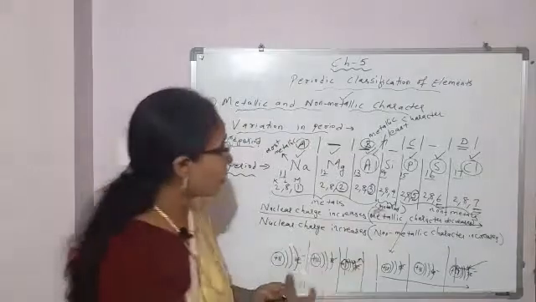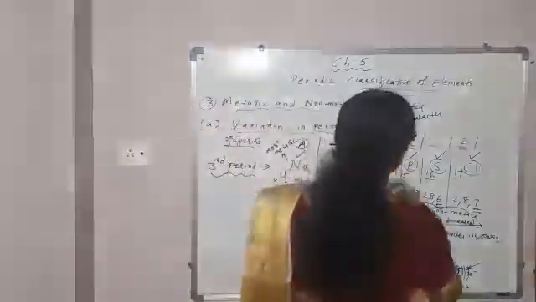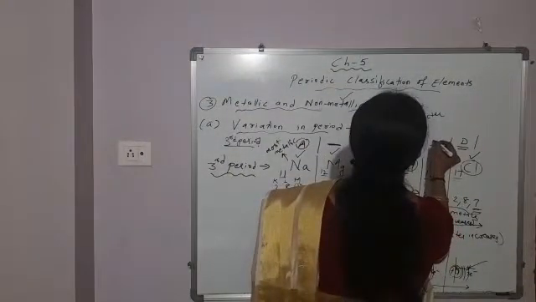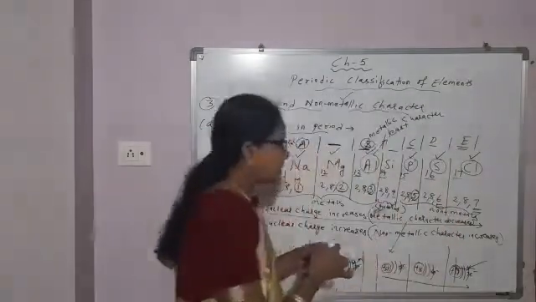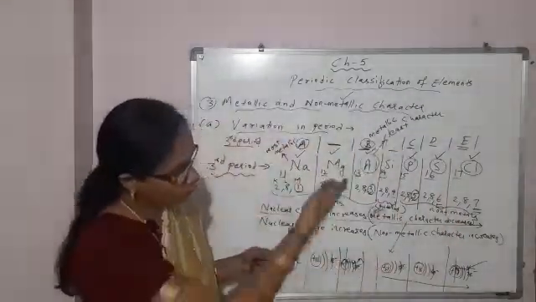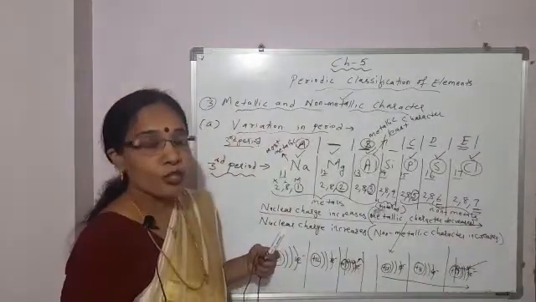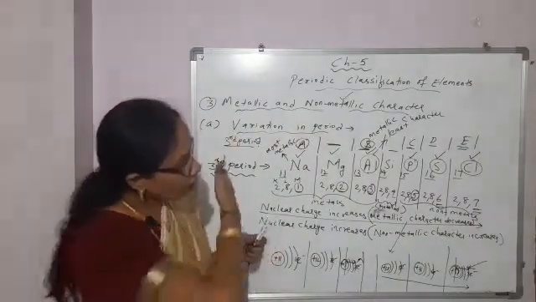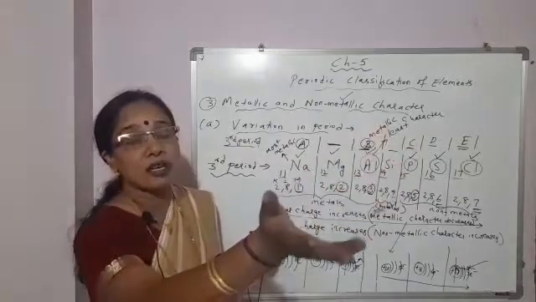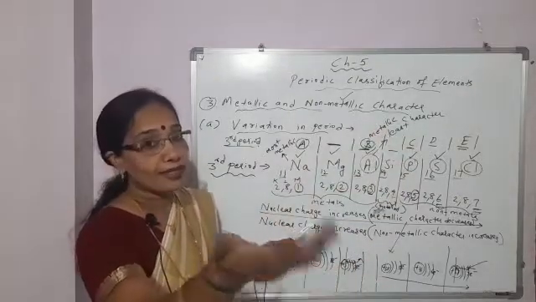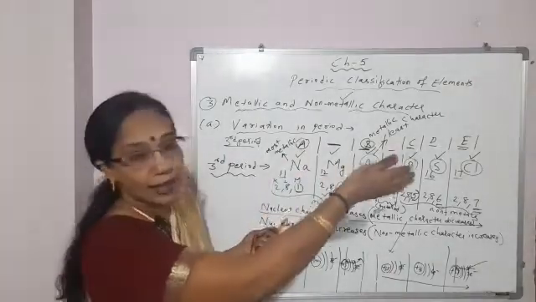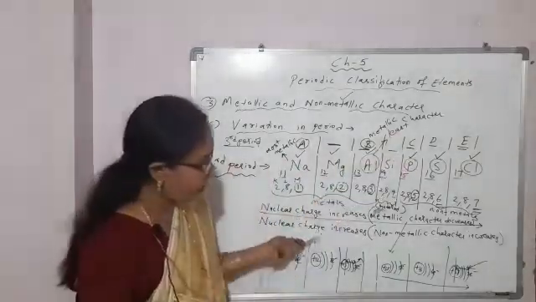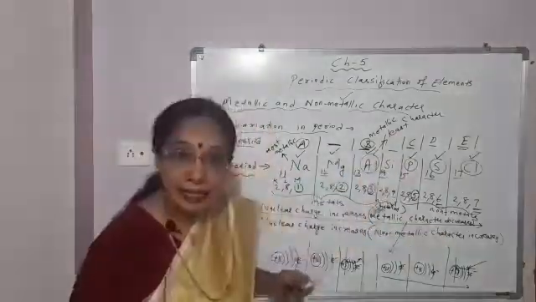Okay. Next, what the question can be, if it is C, this D and this E. Now the C, D, E, first you will think what are they? They are the non-metals. So if the question is, out of all these elements, which is the most non-metallic? The non-metals gain electron and form negative ion. So as you move from left to right, nuclear charge increases and non-metallic character increases.